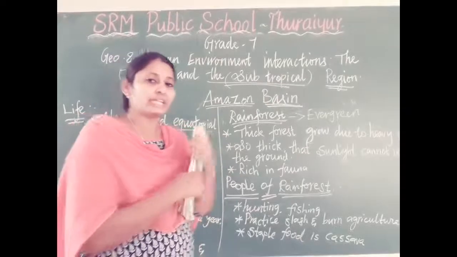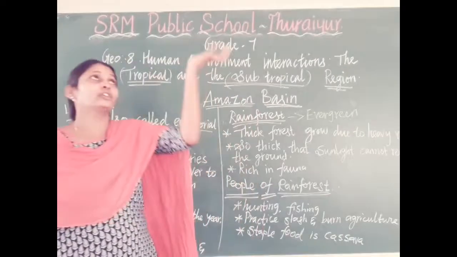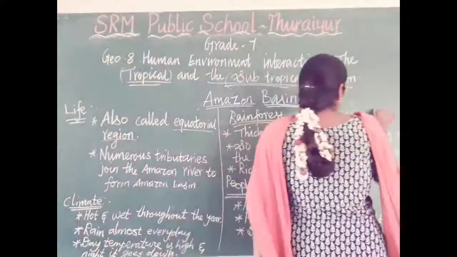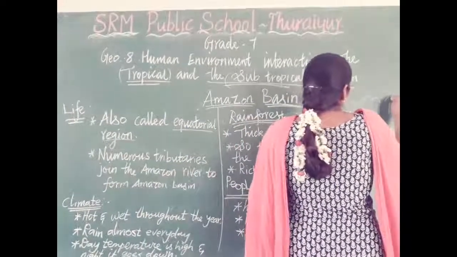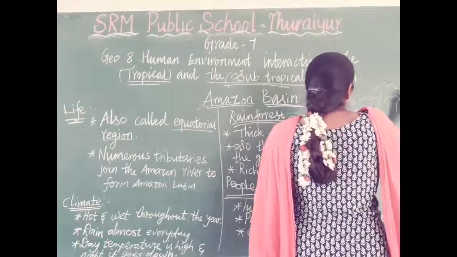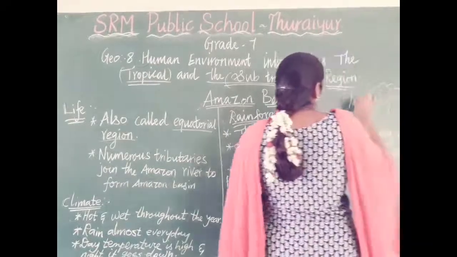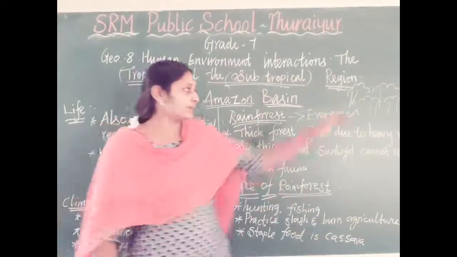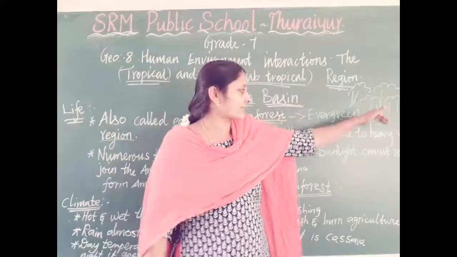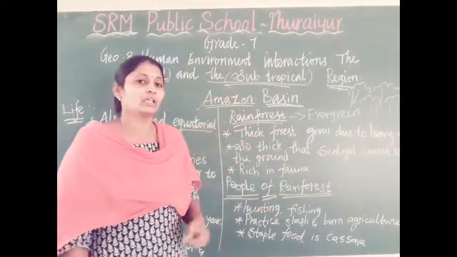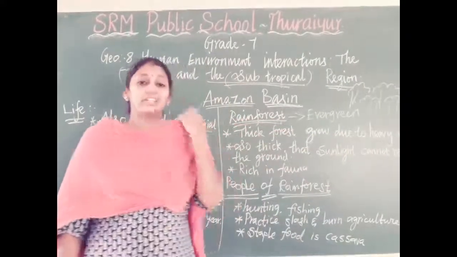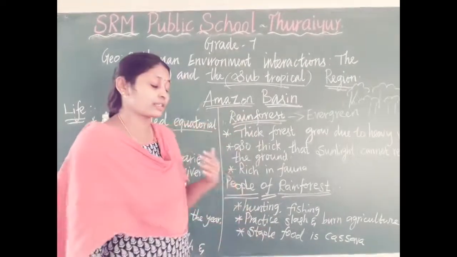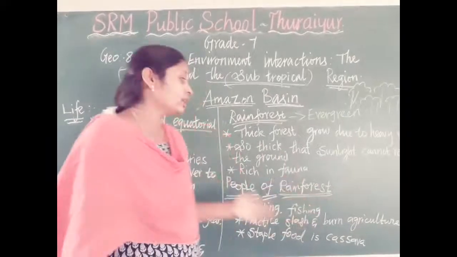Because of those broad leaves, they create a roof-like structure. Suppose this is the forest, where a lot of trees grow. The leaves of these trees create a roof-like structure. That roof does not allow sunlight to enter the floor. Even in the daytime there is somewhat of a darkness in that forest, because the sun rays are not able to reach the ground.